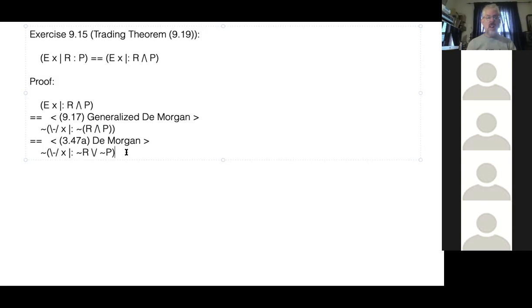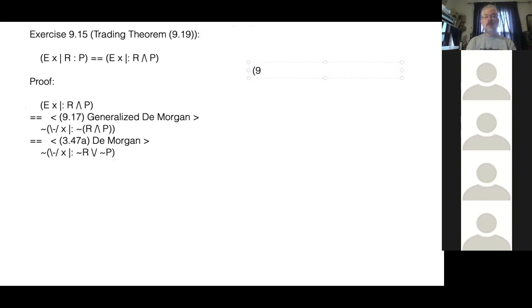So looking at where we're headed, we're trying to get the R into the body, and we've got an or here. And so I think actually 9.3a looks like a win. So I'm going to actually type 9.3a over here.